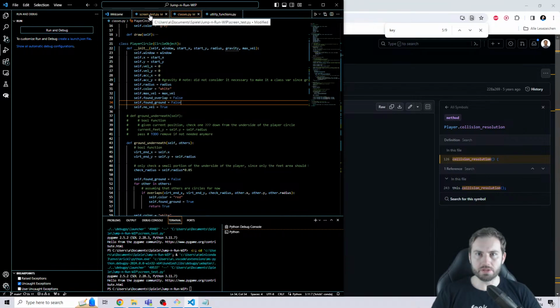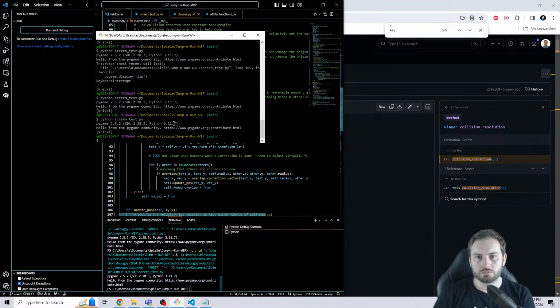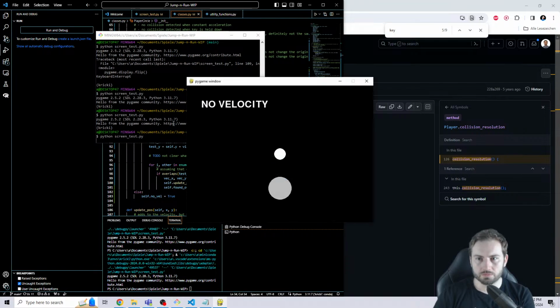I mean, it's like an immovable object, and it should keep the same velocity as before, I guess. But why does it change anyway? I don't know.